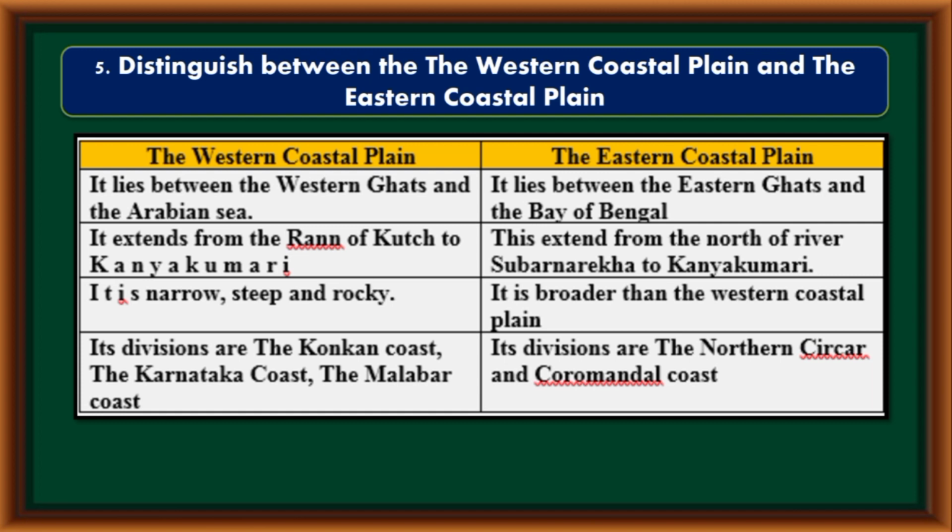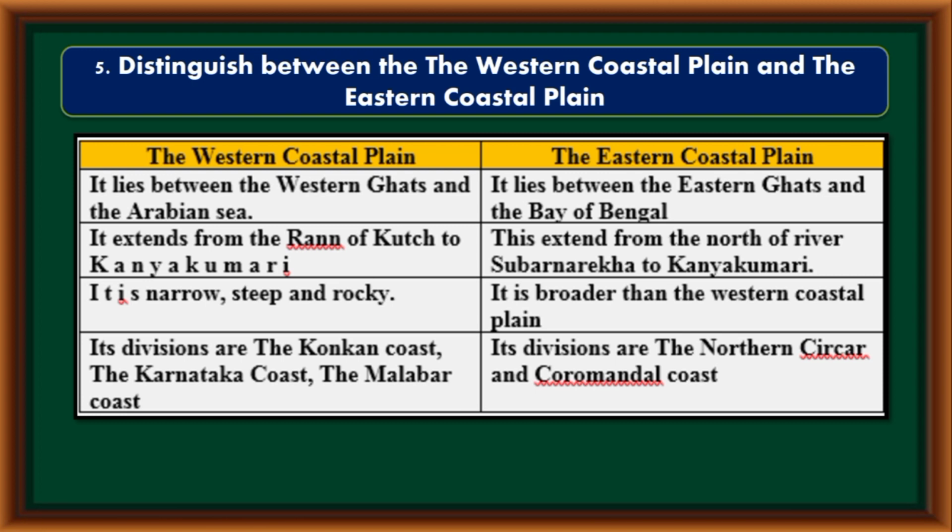Distinguish between the Western Coastal Plain and the Eastern Coastal Plain. The Western Coastal Plain lies between the Western Ghats and the Arabian Sea. The Eastern Coastal Plain lies between the Eastern Ghats and the Bay of Bengal. The Western Coastal Plain extends from the Rann of Kutch to Kanyakumari.